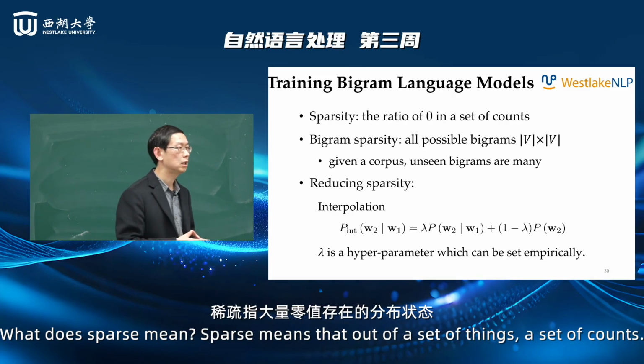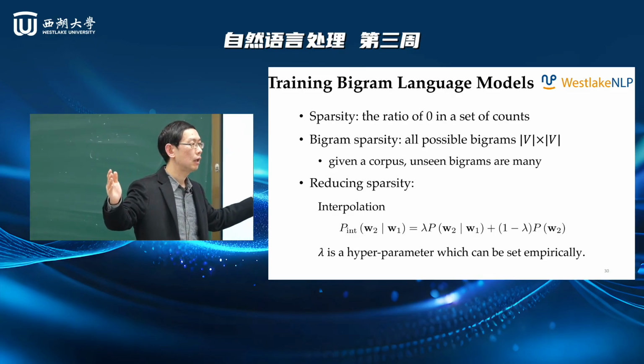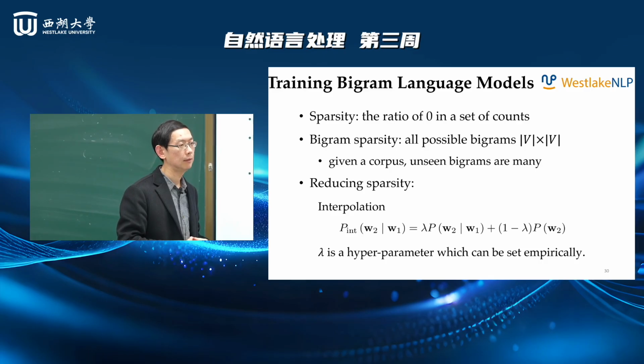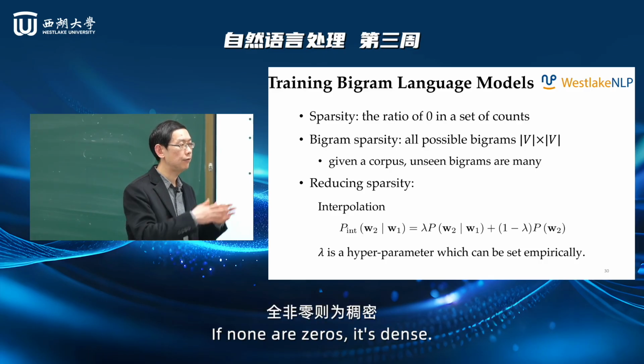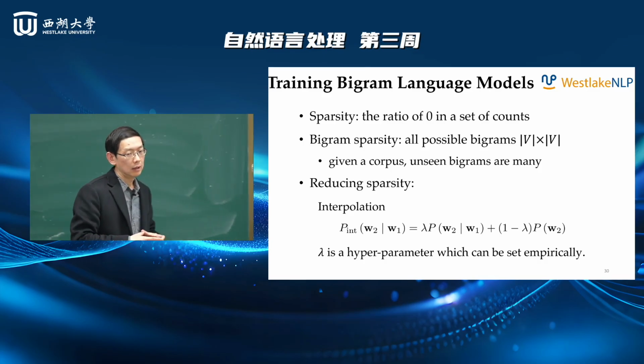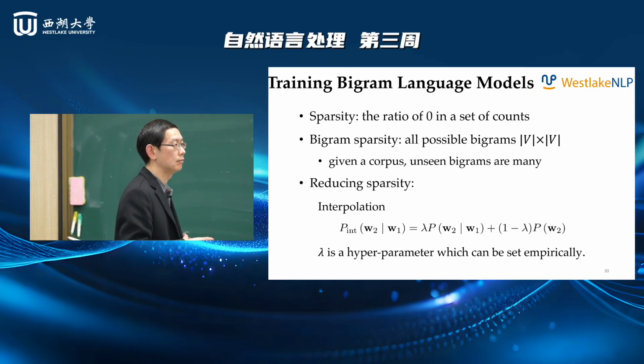Sparse means that out of a set of things, a set of counts, if many are zeros, this set of counts is sparse. If none are zeros, it's dense. And then I claim that bigrams are more sparse than unigrams.